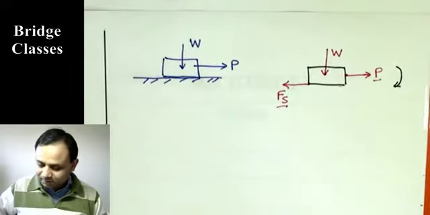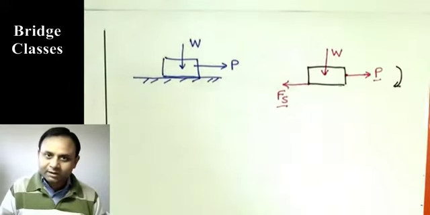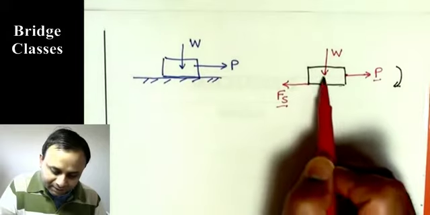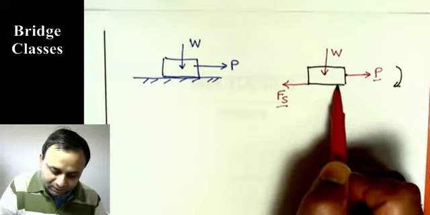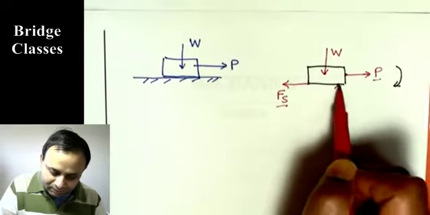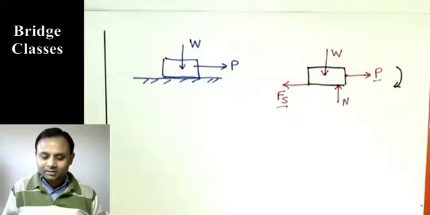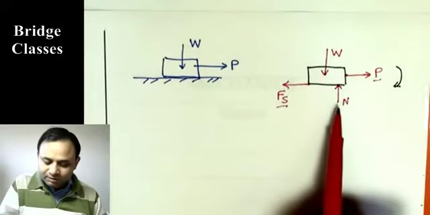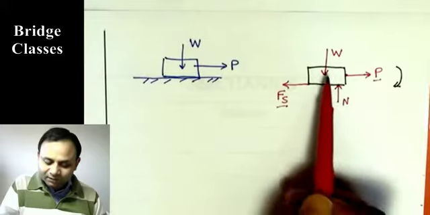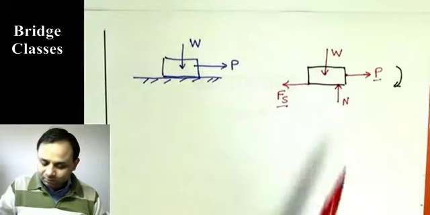Now, other forces are this weight W and normal reaction N. That means this normal reaction N cannot be below W. It has to be to the right of this. Because now these forces W and N, they are equal, they form a couple, and they form a counterclockwise couple.